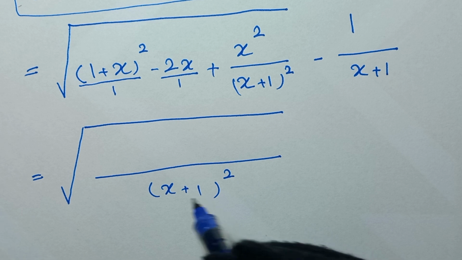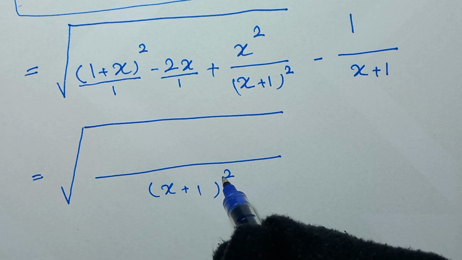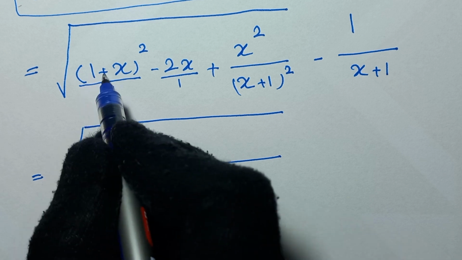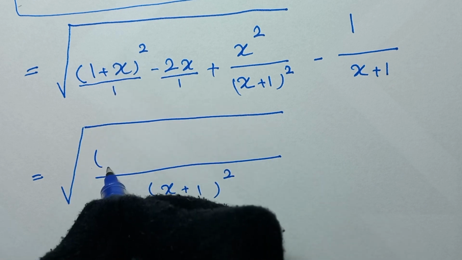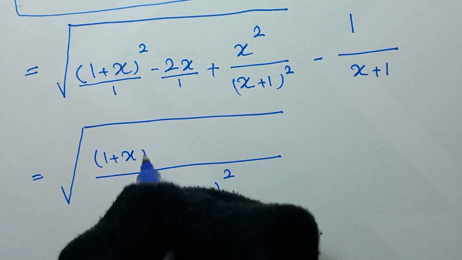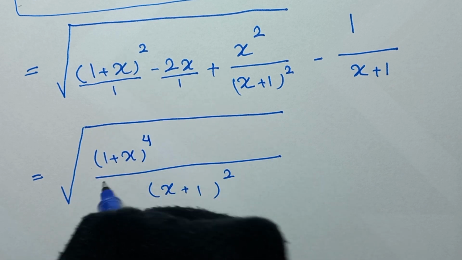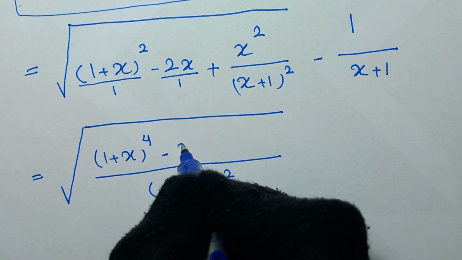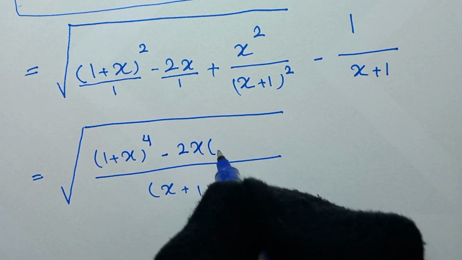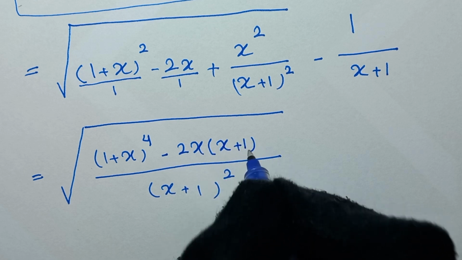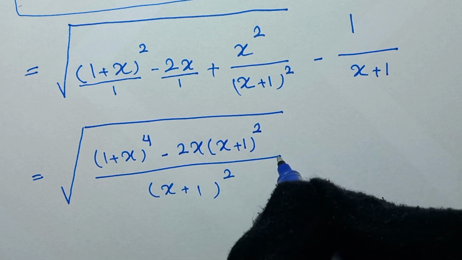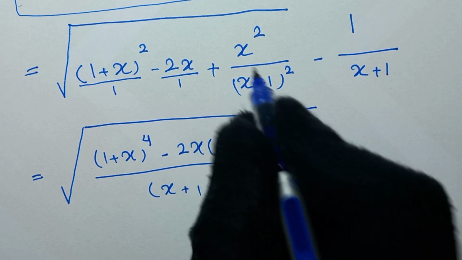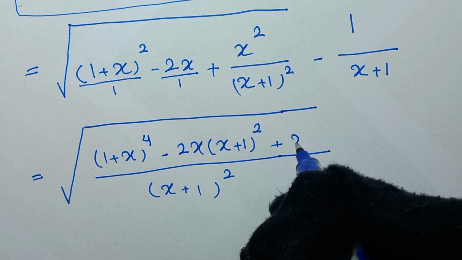So, (x plus 1) to the power of 2 times (1 plus x) to the power of 2 will be (1 plus x) to the power of 4, right? And minus 2x times (x plus 1) to the power of 2, and plus x squared here, right?